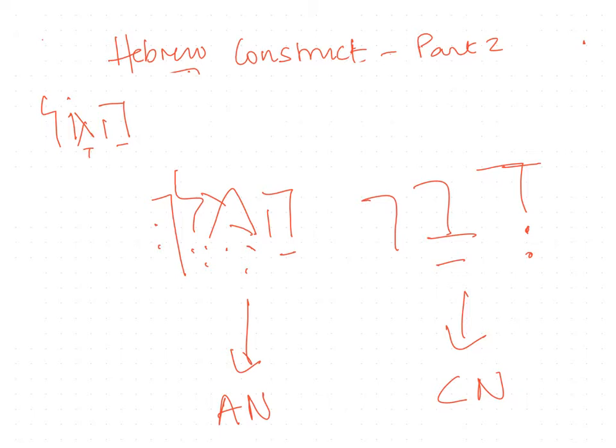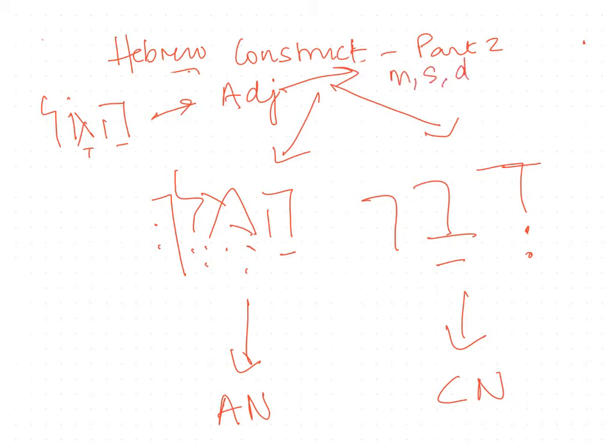So it should typically be the word of the king. But I have this adjective here. Now is this adjective modifying the absolute noun or the construct noun? To figure that out, I have to figure out what kind of adjective I'm dealing with. This is a masculine singular definite.